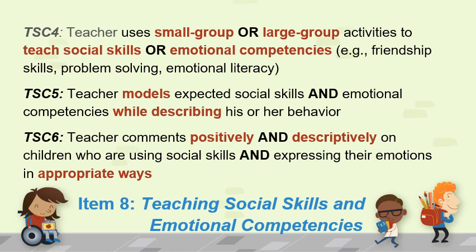TSC6, the teacher comments positively and descriptively on children who are using social skills and expressing their emotions in appropriate ways. For example, a social skill like taking turns. You might say, "Wow, you are really working together to build a house."